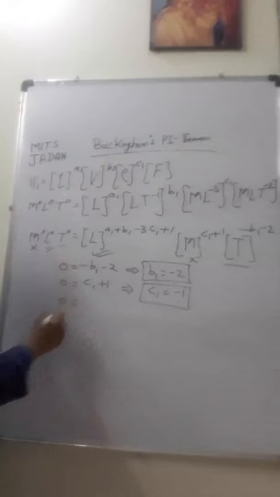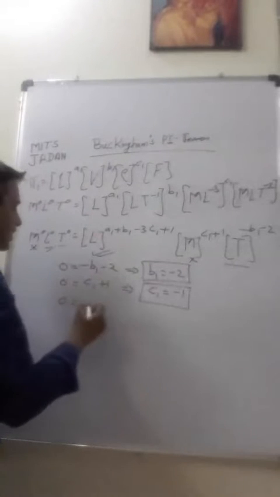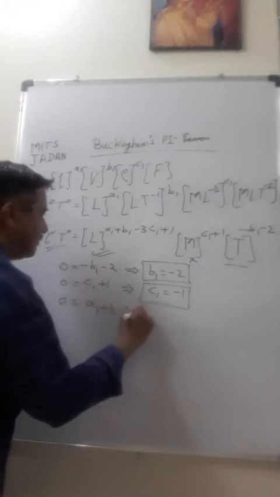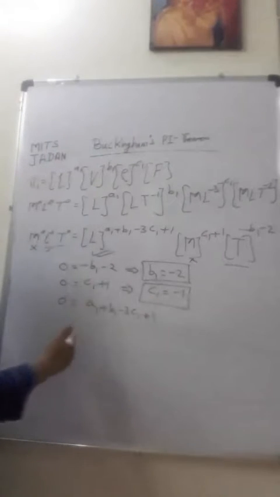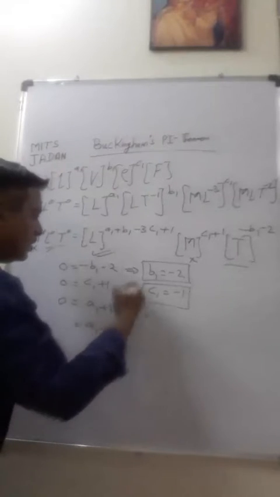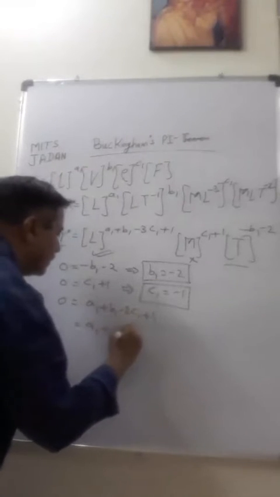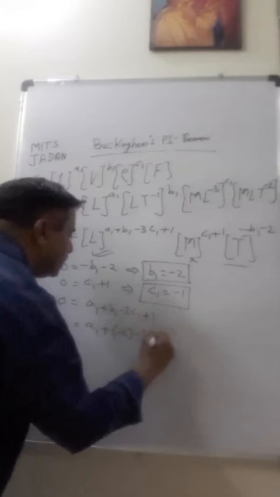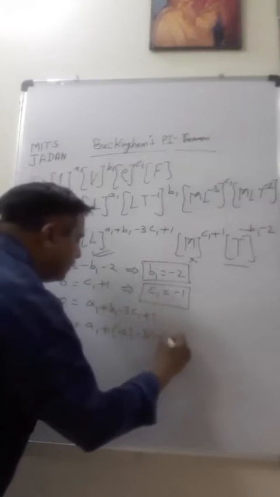And now we will compare the length term. Here on the left hand side it is 0, and on the right hand side it is A1 plus B1 minus 3C1 plus 1. If we replace these values, we have A1 plus minus 2 minus 3 C1, I am replacing by minus 1, plus 1.